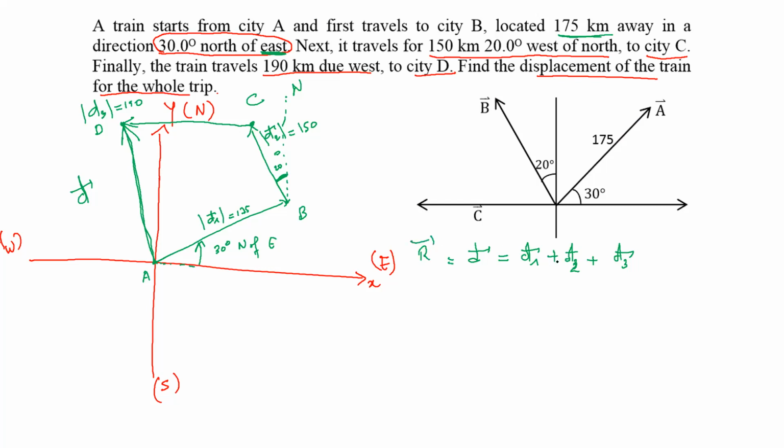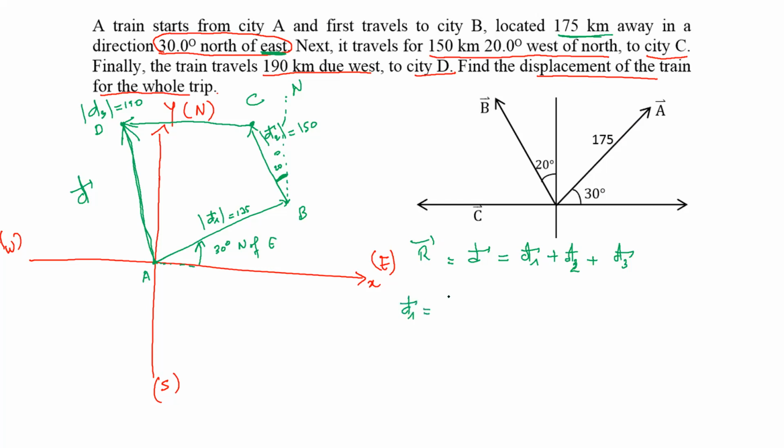Okay. So find the displacement means what? I can find it in two ways: unit vector notation or magnitude angle notation. So let's do it in unit vector notation. Look at D1 here. What are the components of D1?